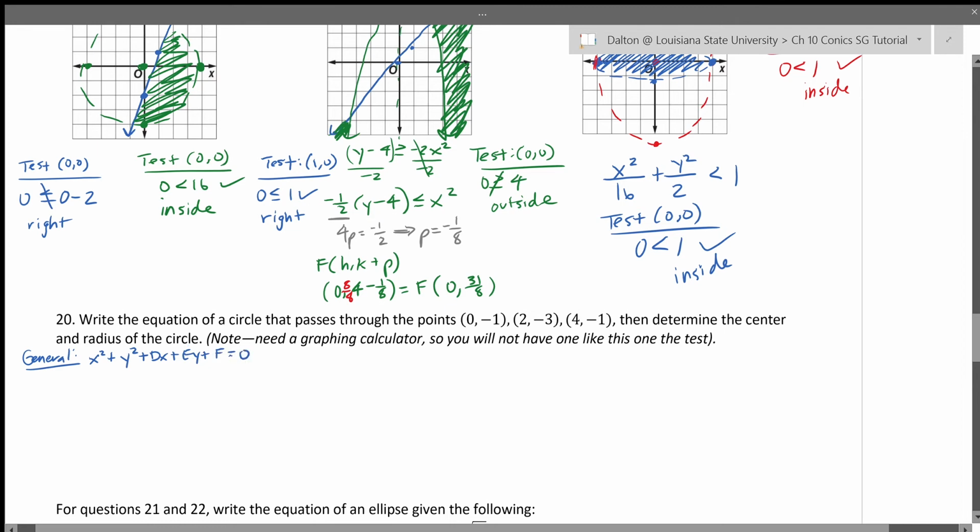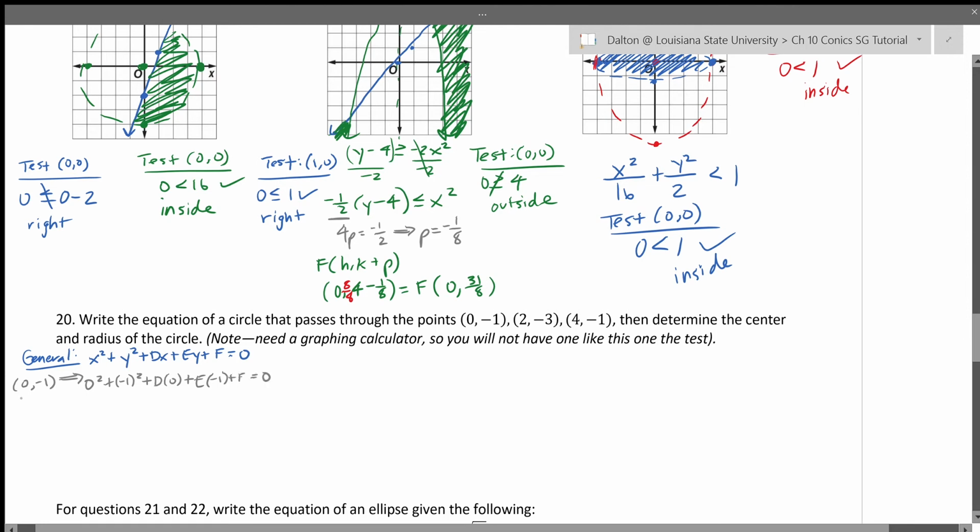So what we're going to do is take the 3 points that were given to us and substitute those values into this general equation. So if I substitute in an x of 0 and a y of -1, I'm going to get 0 squared plus -1 squared plus d times 0 plus e times -1 plus f is equal to 0.